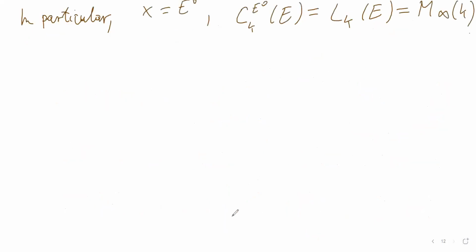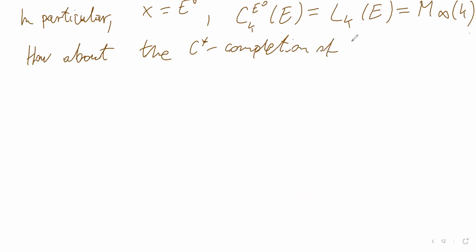However, one more comment is due. So how about completions? So in other words, how about the C-star completion of this? The C-star completion of M infinity C. Well, this is the famous C-star algebra of compact operators.